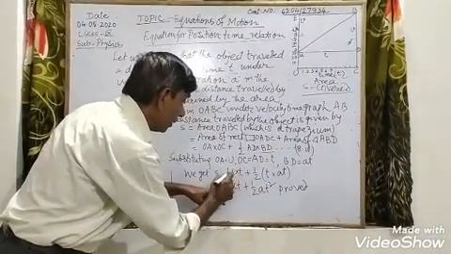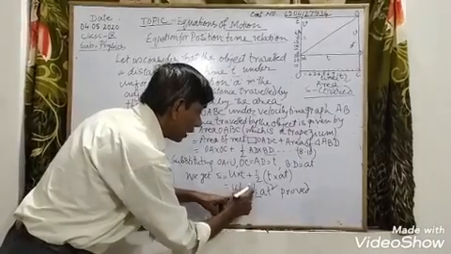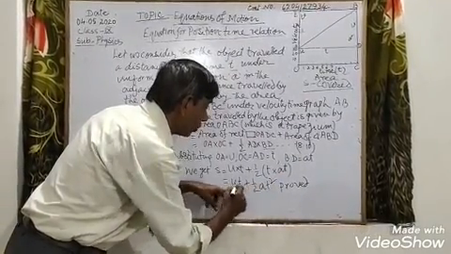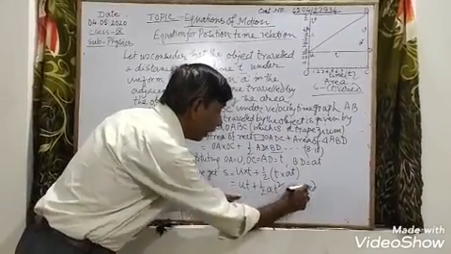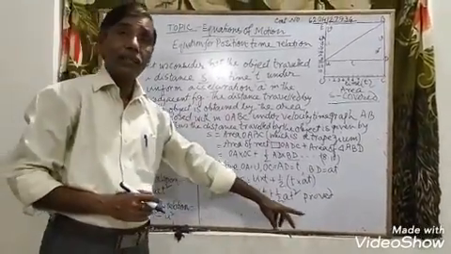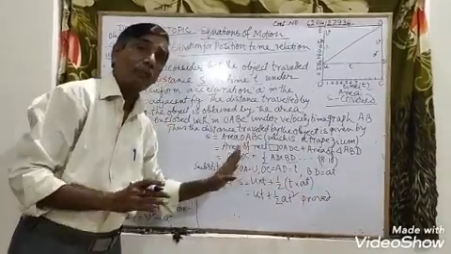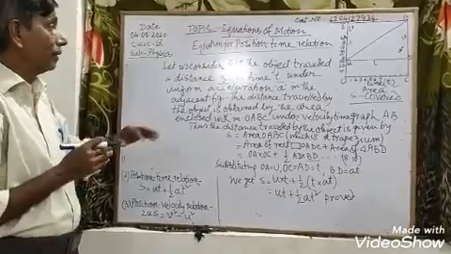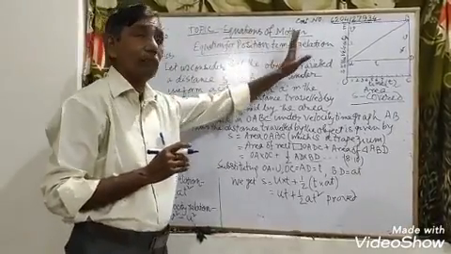What do we find? U into T, UT, plus half AT into T, that is T square. So S is equal to UT plus half AT square. This is the distance travelled by the ball, and this equation is known as the position time relation.